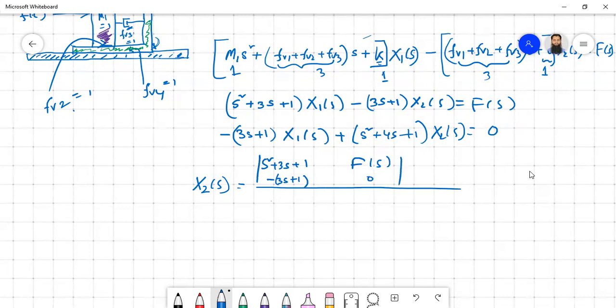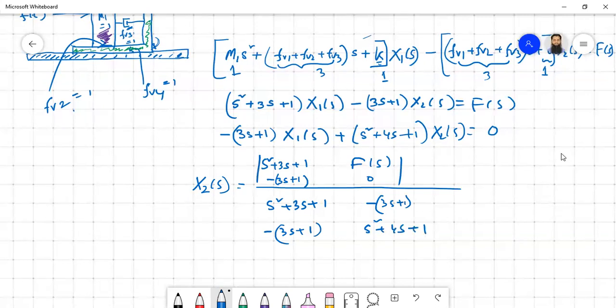For the del, we write s square plus 3s plus 1, minus (3s plus 1), minus (3s plus 1), then s square plus 4s plus 1.